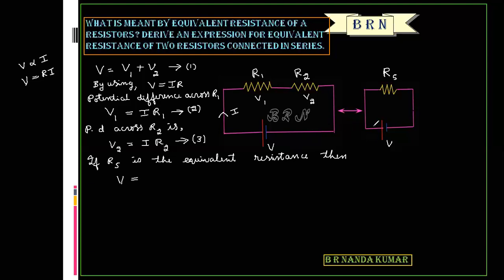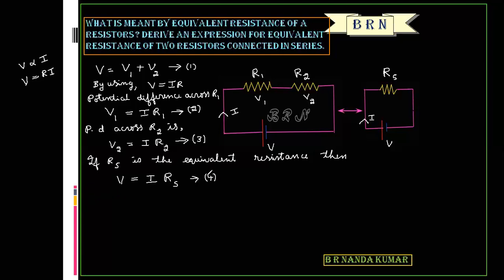Here also the current drawn from the positive terminal is the same, that is I, and the potential difference is also the same, that is V. According to Ohm's law, V is equal to IR. So the potential difference across RS is V is equal to I into RS. Call this equation number 4.